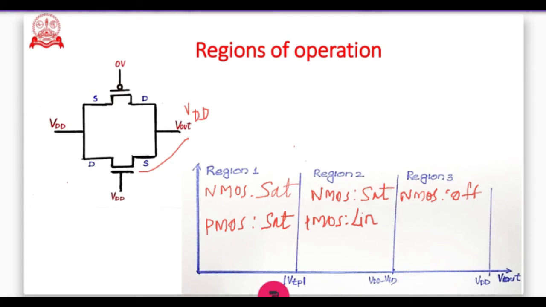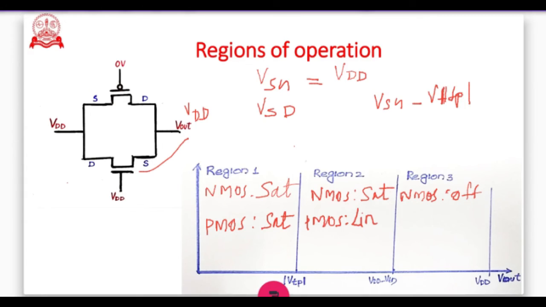Now let us analyze PMOS. For that, we first check what VSG is. VSG is equal to VDD, so PMOS is on. Now we check whether it is in saturation or linear. For that, we compare VSD and VSG minus modulus of VTP.